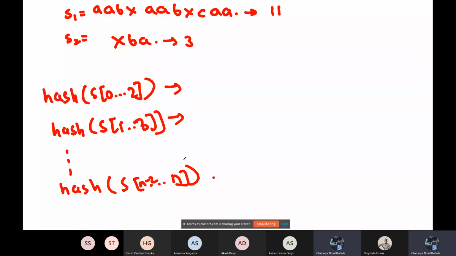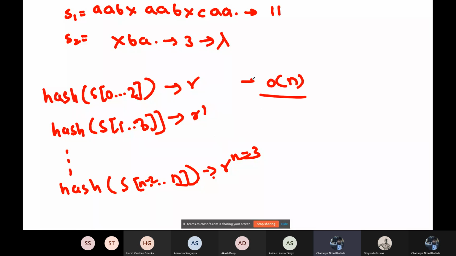So we need to compare the hash of this. Suppose the hash of the pattern comes out to be lambda. So this is gamma, gamma dash, so on, so on, gamma n minus 3. So we will compare lambda with all these numbers. So it will take O of n. Is it clear?